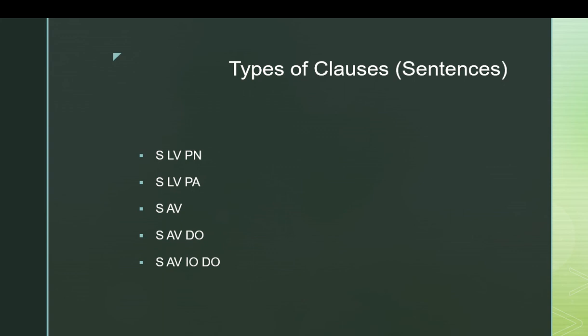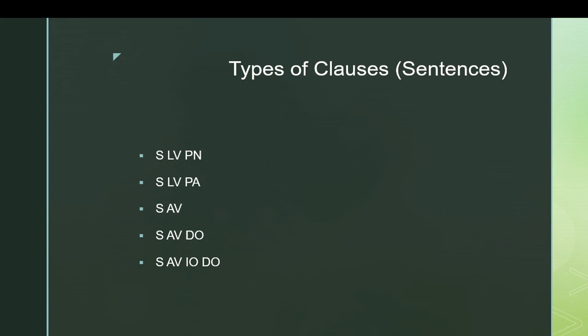You can have a clause composed of the subject, a linking verb, and a predicate nominative. Now, you already know what its subject is. We've already been over the linking verb. The predicate nominative is something very interesting. It does not really come up in Egyptian, at least the nominative part.